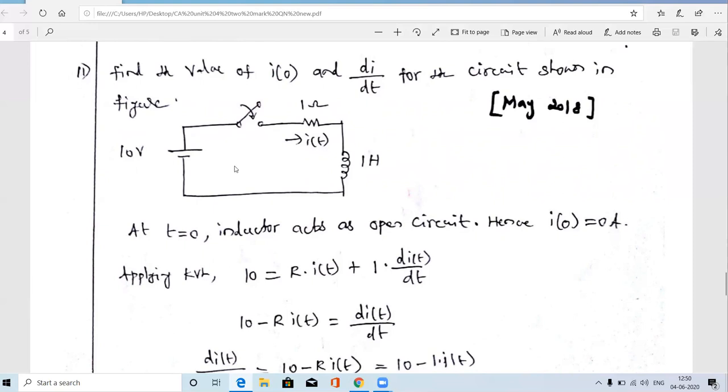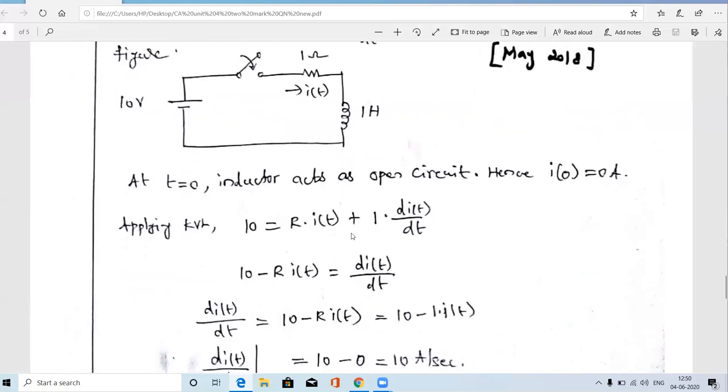Then applying KVL to this circuit, we write the KVL equation: 10 equals the voltage across the resistor, R into i(t), plus the voltage across the inductor, L into di/dt. Here the L value is 1.